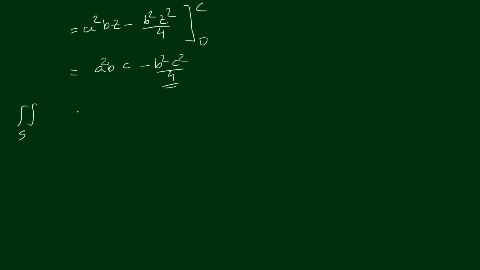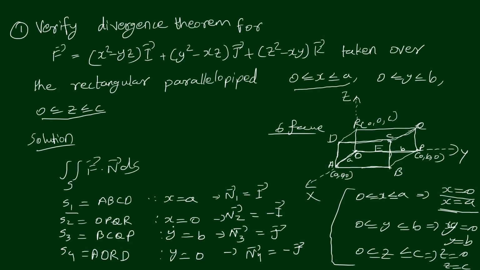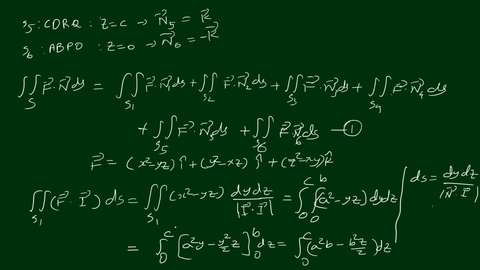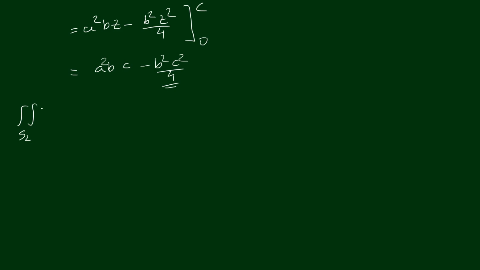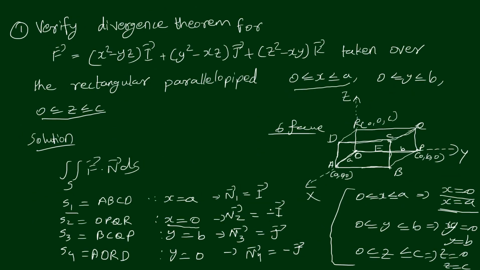Similarly, we can find our S2. S2 is the surface x equal to 0. So for S2 we need the double integral over S2 of f dot n dS2. What is the n2 vector? The n2 vector we already found: it is minus i cap.